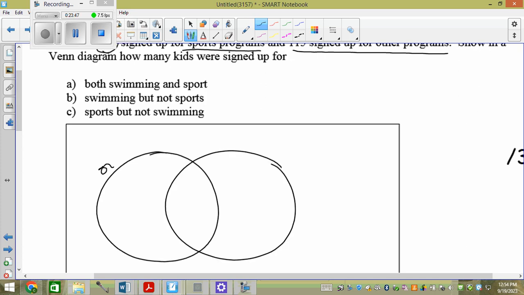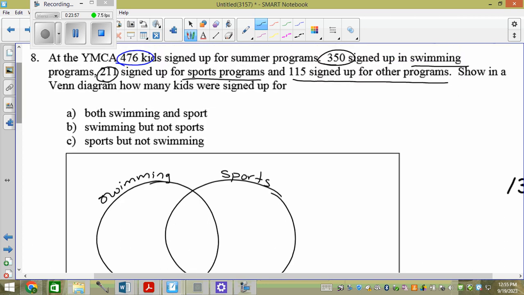So we have swimming, sports. Does it say how many are in the middle? Do we know the and? If we don't know the and, do we at least know each of them separately and the neither? If we know each of them separately, the neither, and the total, we can find the and.